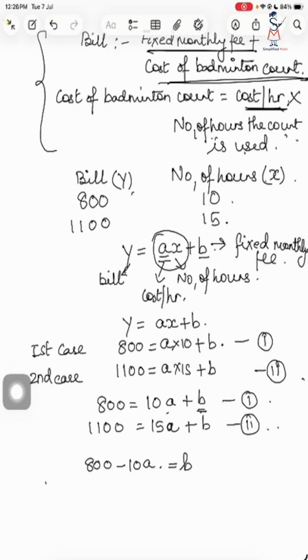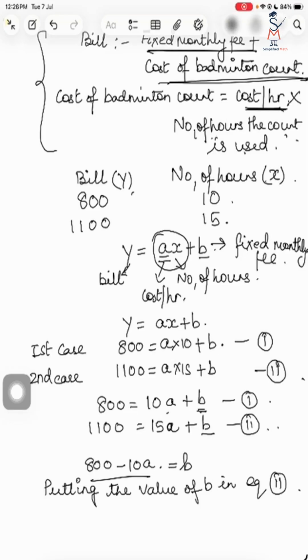Right? Now I will substitute this value of B in equation 2. Instead of B, I will write this. So this will become 1100 is equal to 15A plus 800 minus 10A.